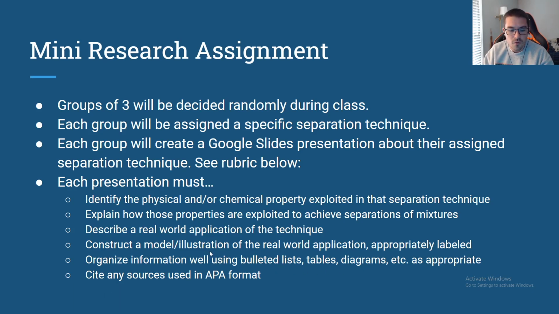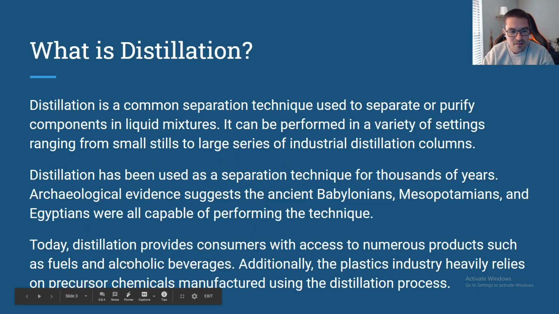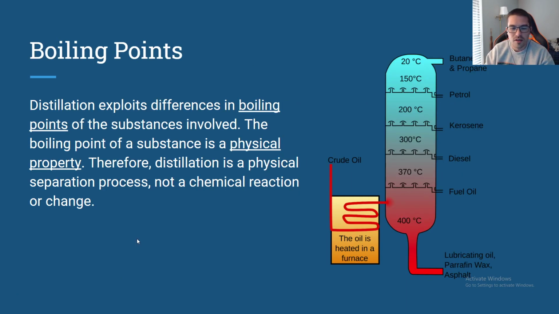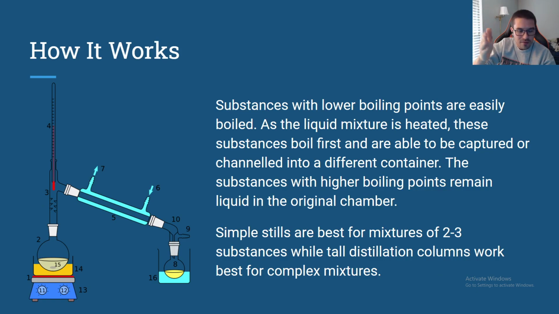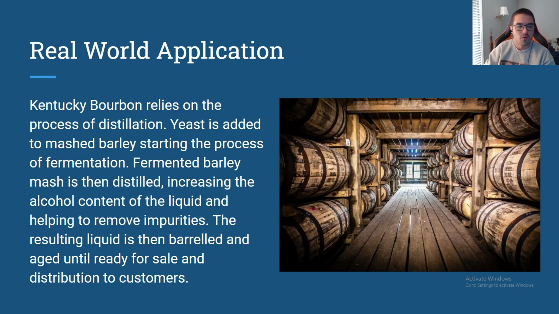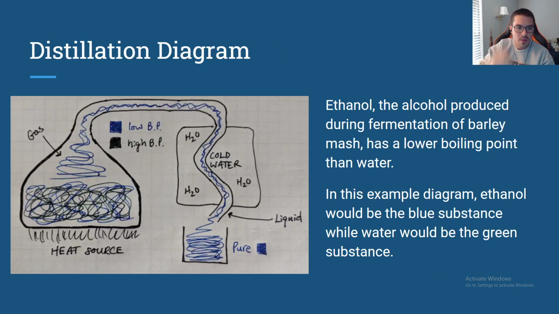Essentially what I'm looking for is just to have your information organized well. It's hard to pin down exactly what that is, but I've got my different slides well differentiated into the different parts of the rubric. This is talking about the physical property, this is telling me how it works, here's my real-world application, and here's my diagram.